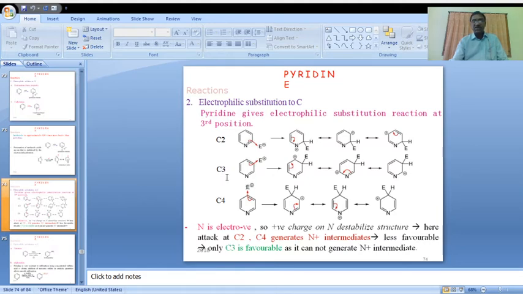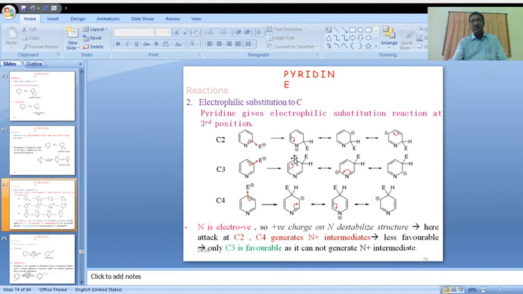Now let us go to C3 position. If the electrophile attacks on C3 position, the C3-C4 pi bond cleavage takes place, and that electron shifts to C3 carbon. C4 gets positive here. This is one of the contributing resonance structures.